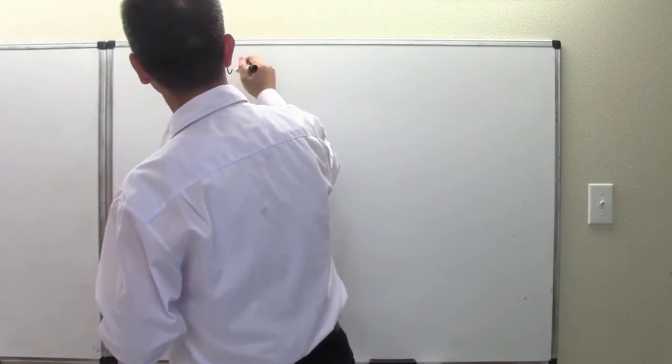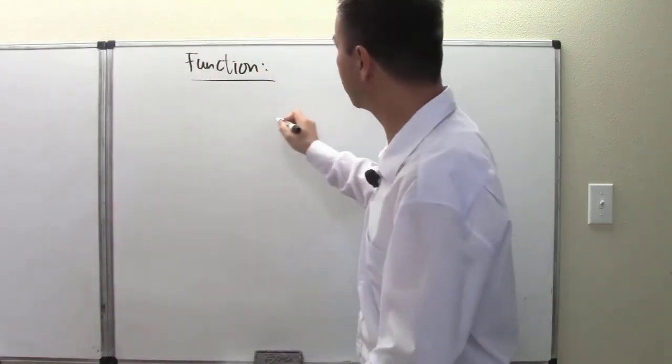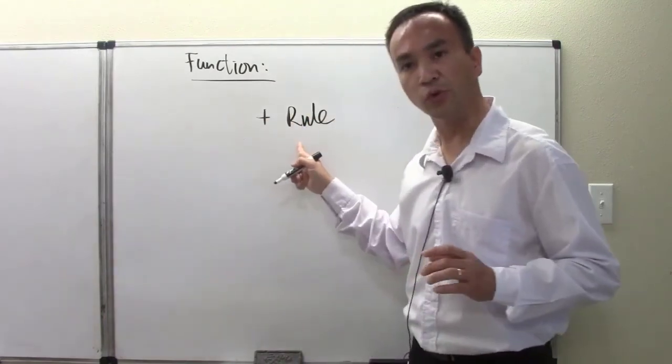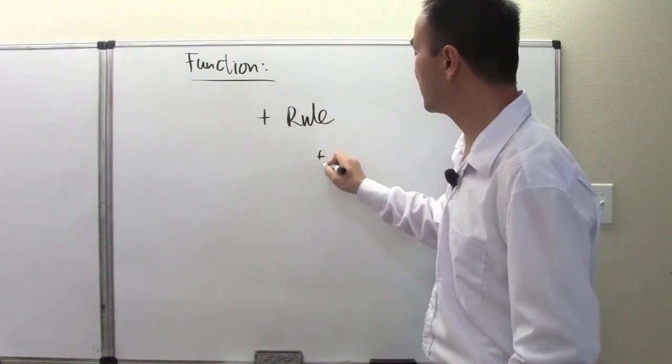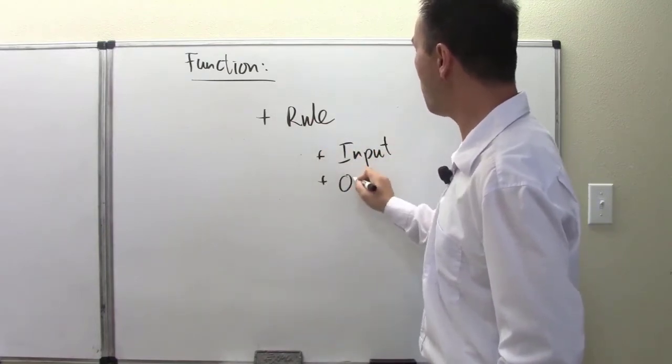Any function, what we have learned through the definition, is number one, a rule that connects and relates the inputs and the outputs.